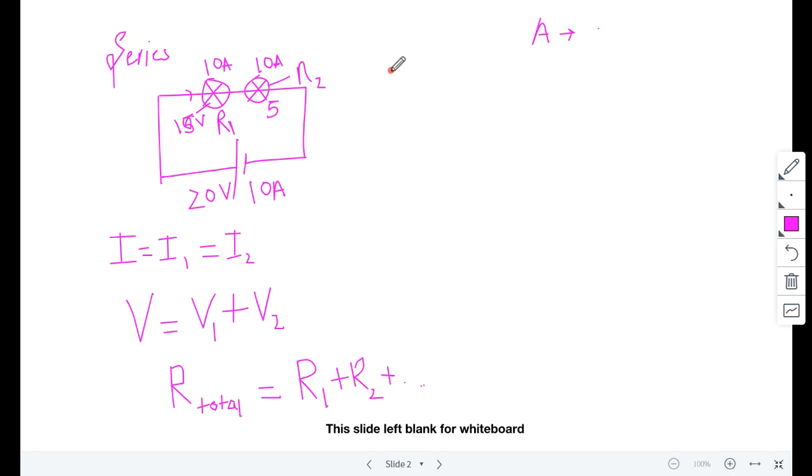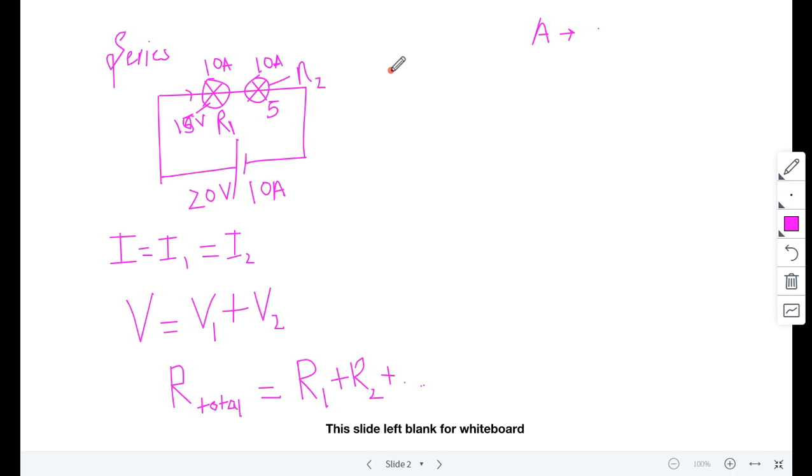Okay, so the total resistance. But the way you would find out the resistance of each one is, if the current was given and the volts were given, then to find R1, let's say the question gives you 10 amps and 15 volts, you would do 15 divided by 10, wouldn't you?